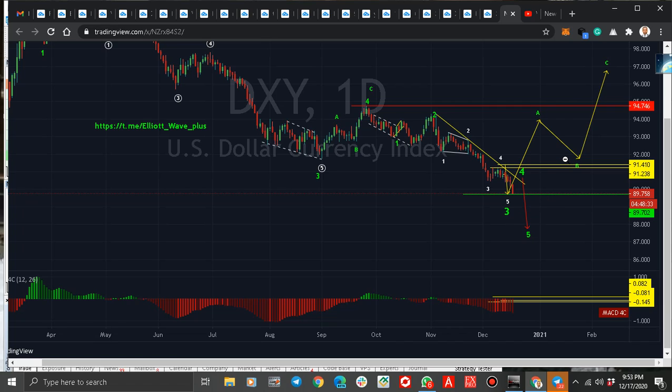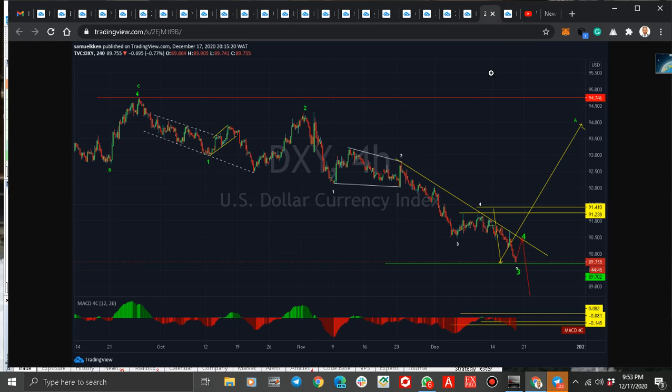In fact, I'm expecting lower price unless I see a sharp move that pierces this line. I mean a sharp move, before I can change my bias. But for now, I'm expecting a little correction and down move. That's for the daily chart.